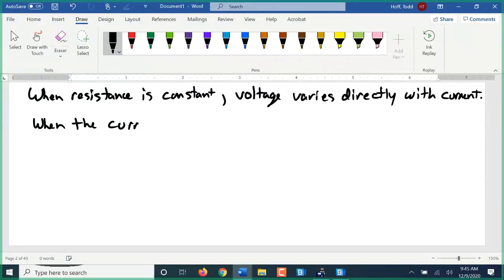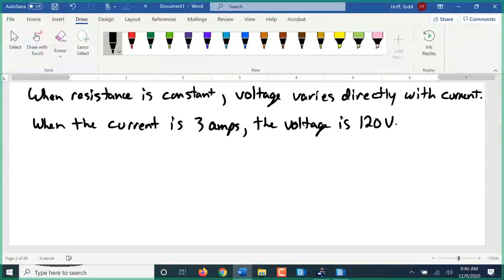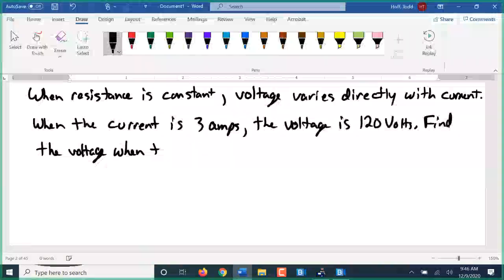When the current is 3 amps, the voltage is 120 volts. Find the voltage when the current is 4 amps.